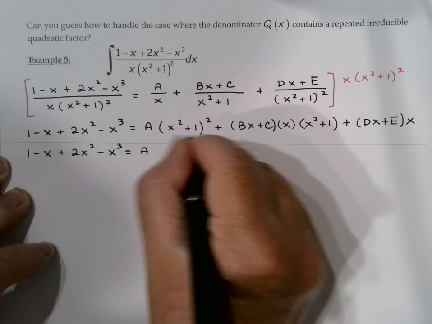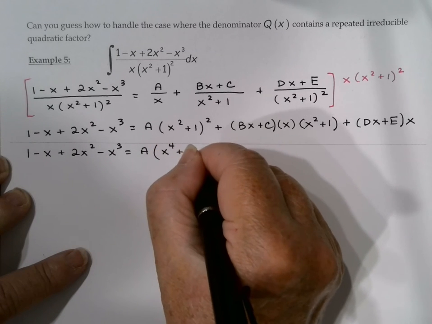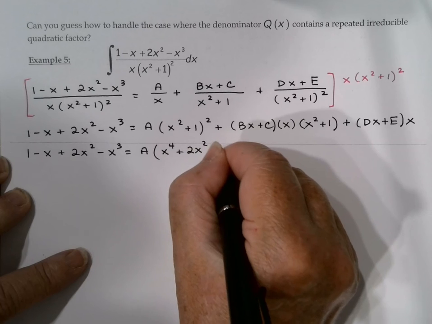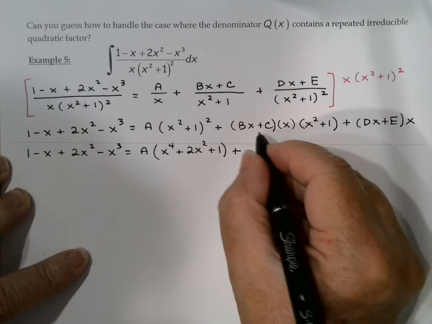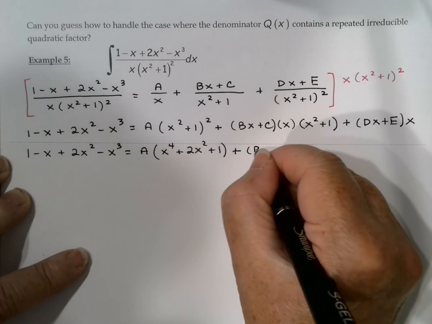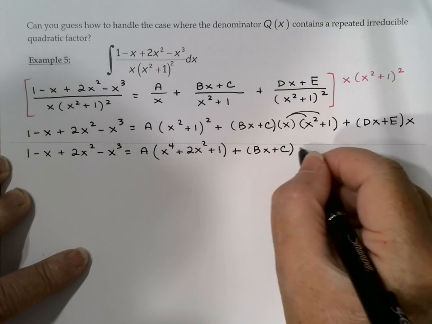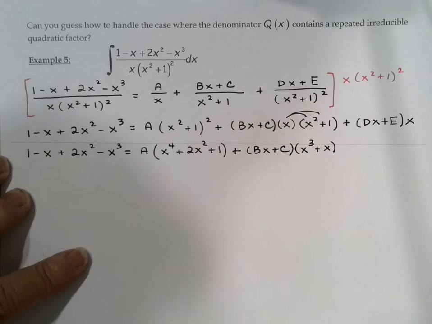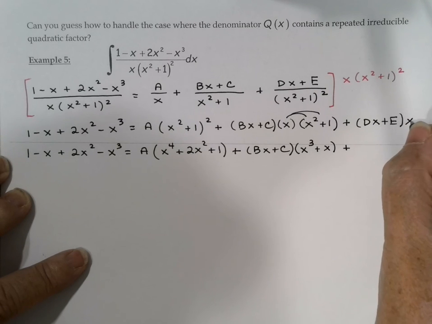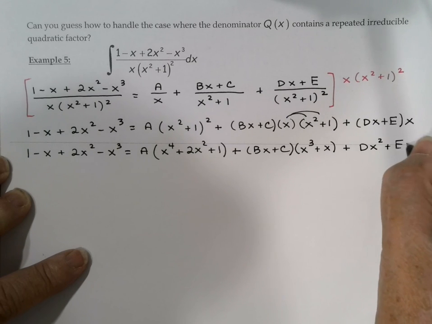Let's see, I'm going to go ahead and square this out. That would be x to the 4th plus 2x squared plus 1. And I'm going to leave the Bx plus C the way it is for right now, and I'm just going to distribute the x here. Make that x cubed plus x. And I can distribute this x at the end, Dx squared plus Ex.